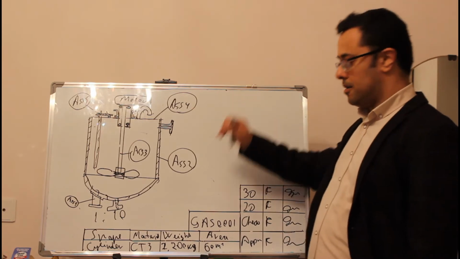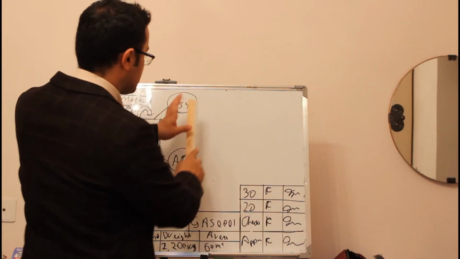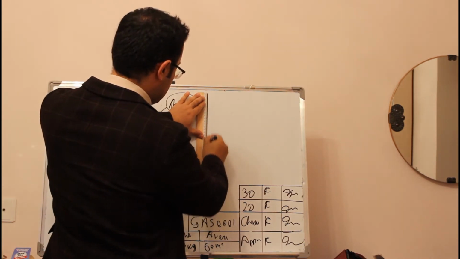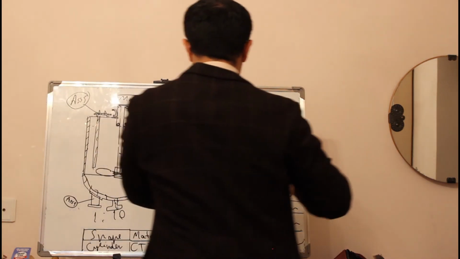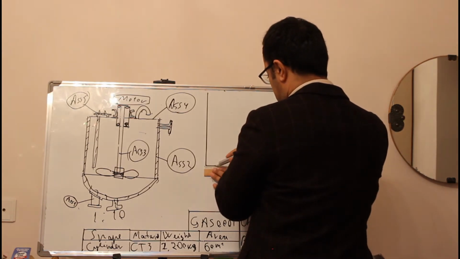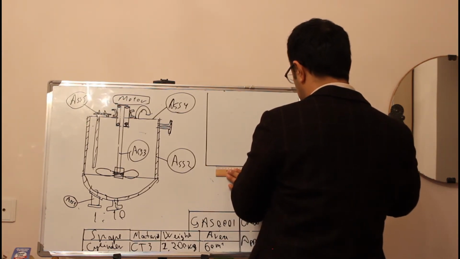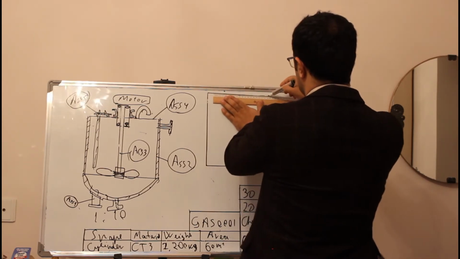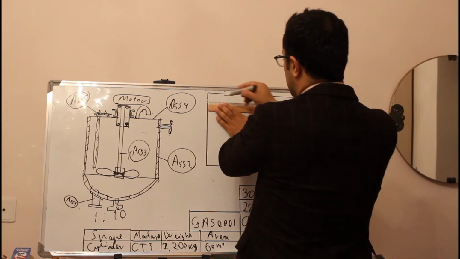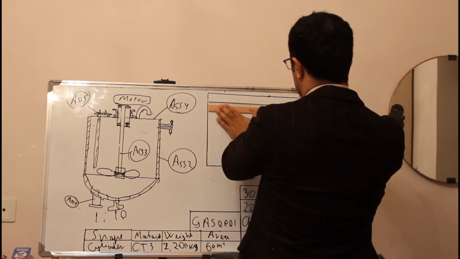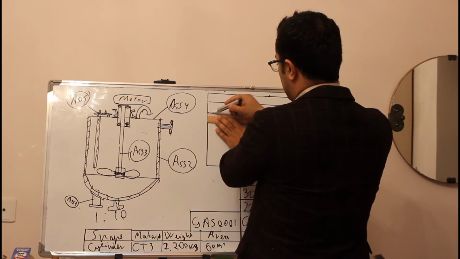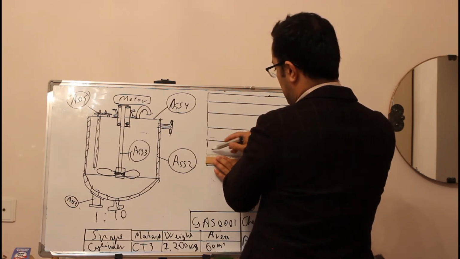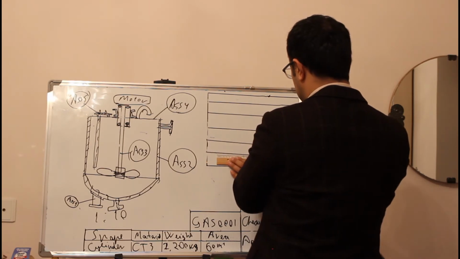So I'm gonna make a box here. Yeah, and I'm gonna make a big one. Big box. It will have 5 lines, I guess. 1, 2, 3, 4, and 5.